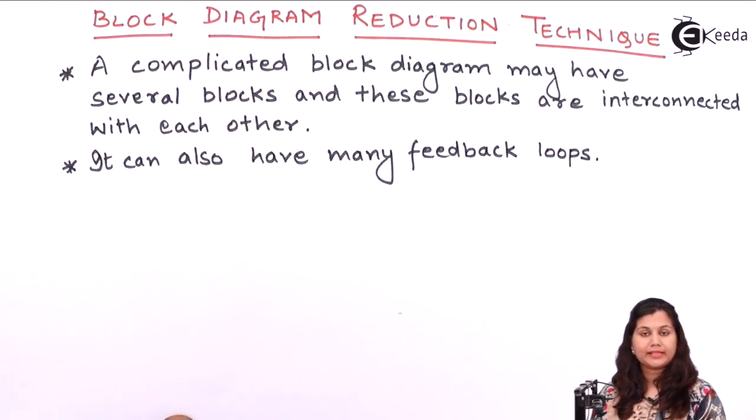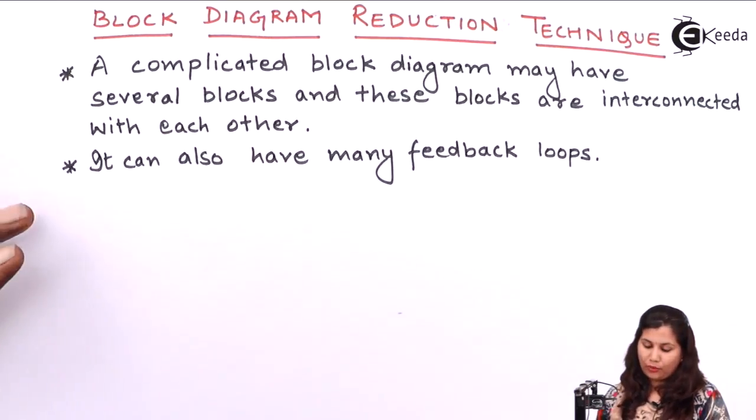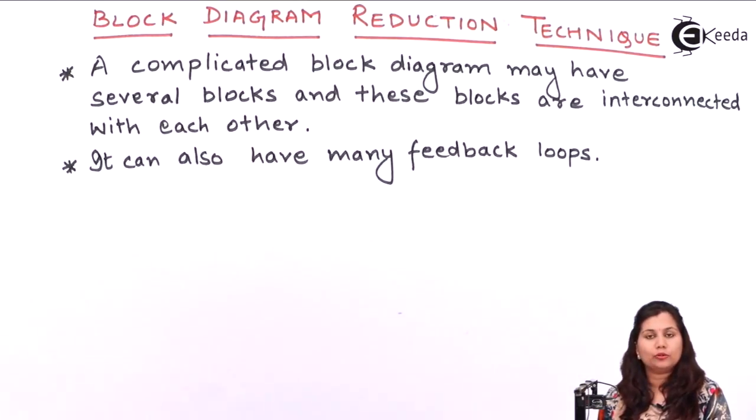So a block diagram has many blocks, these blocks are interconnected with each other, and there are many feedback loops in it. So it becomes very complicated.